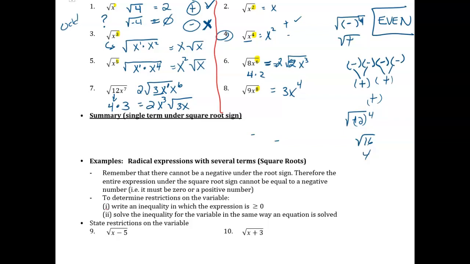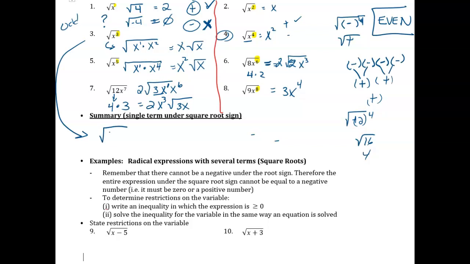And when we're talking about restrictions, what numbers are you not allowed to have underneath the root sign? Well, we already showed up here that negative numbers don't work. So even if we try a negative number here, let's stick with -4. I'll prove this with one example.